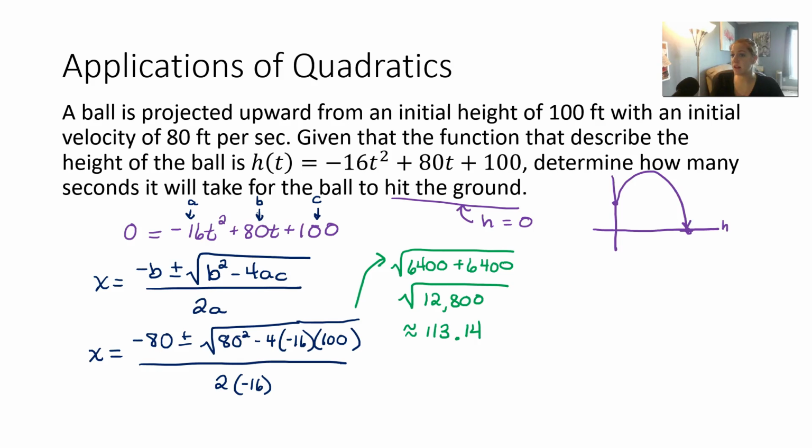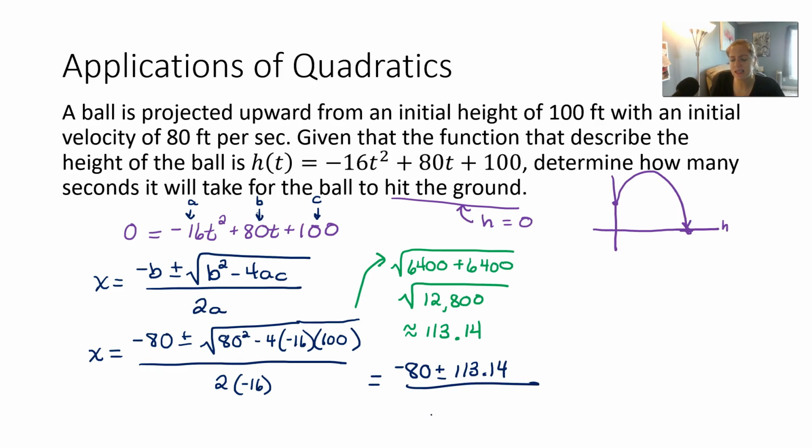Now, could you have left that in radical notation? Of course. I'd want you to simplify it if possible, and I think you could simplify that one, and then put it back in. So let's go ahead and rewrite our quadratic formula with our new value for that square root. So this is negative 80 plus or minus 113.14, since that whole entire square root changed into 113.14.